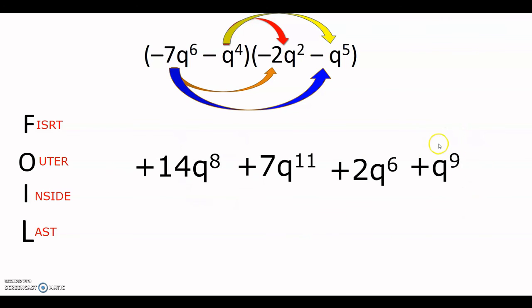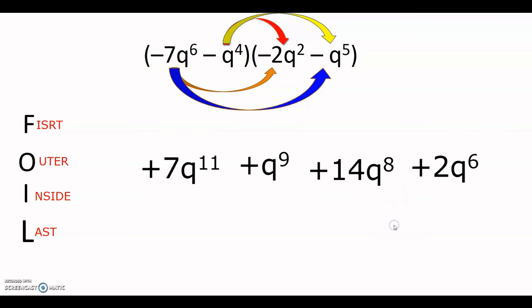Then we will arrange our expression, or polynomial, according to exponent. So since 7q raised to the power of 11 is the highest exponent, it will be the first term. And then followed by q to the 9, and then 8, and then 6.